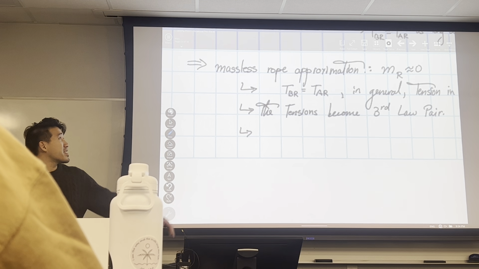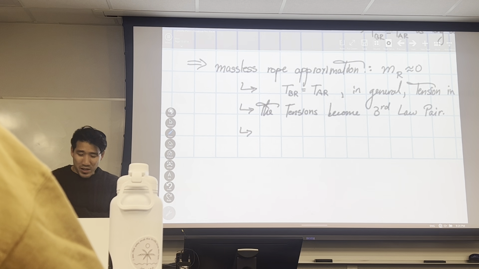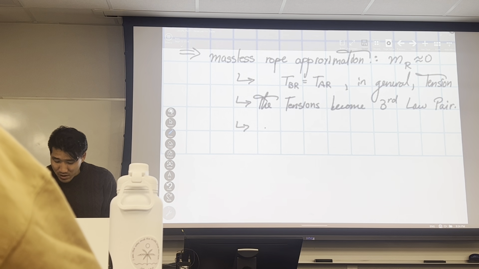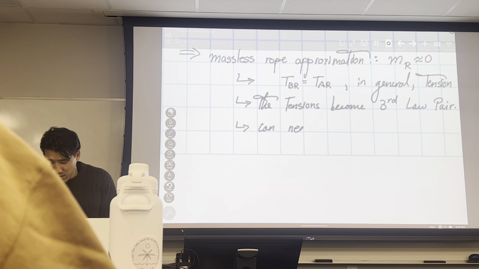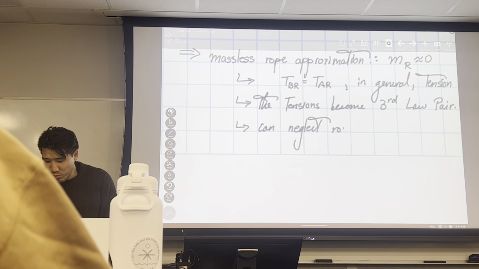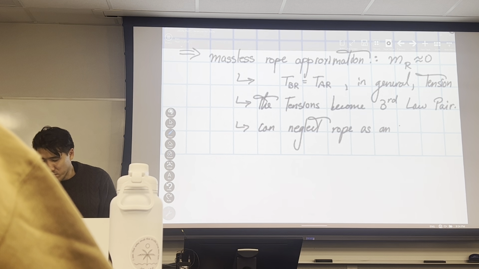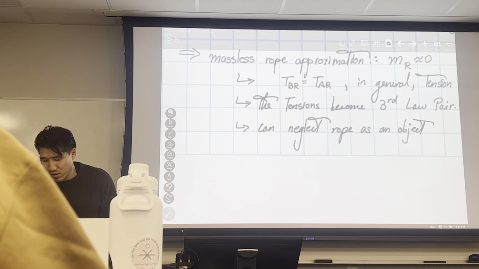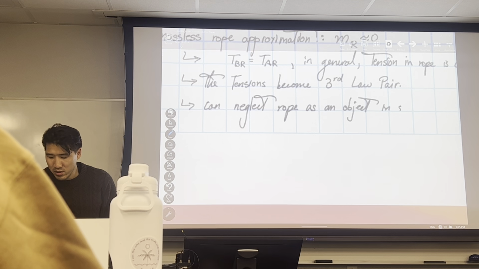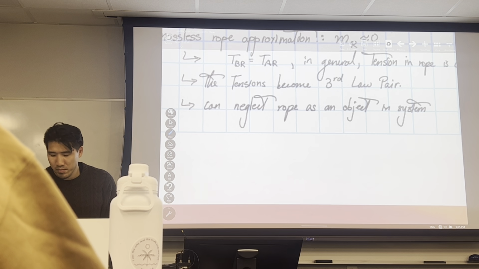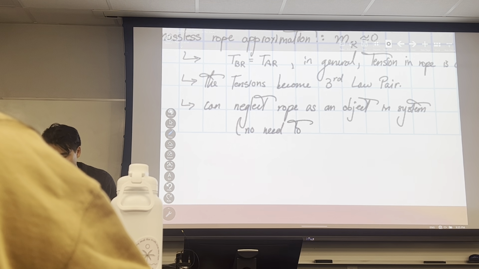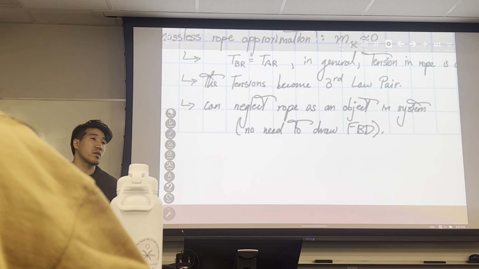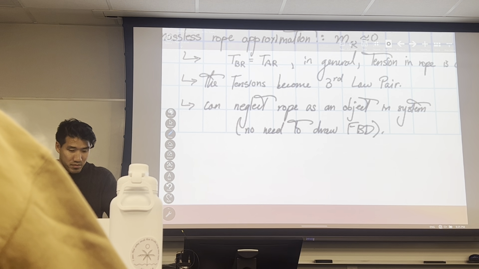So one of the effects that happens with the massless rope approximation is we can neglect rope as an object in system, meaning no need to draw free body diagram. No need to draw the free body diagram.